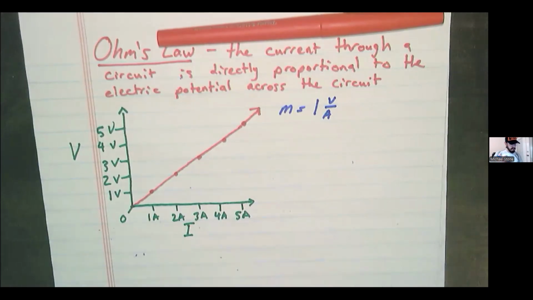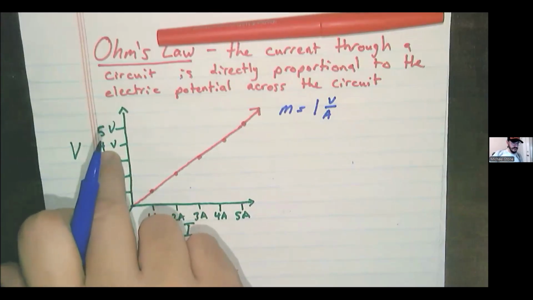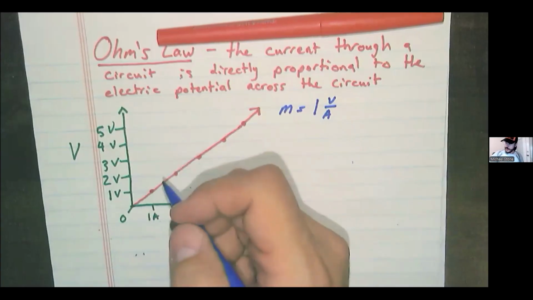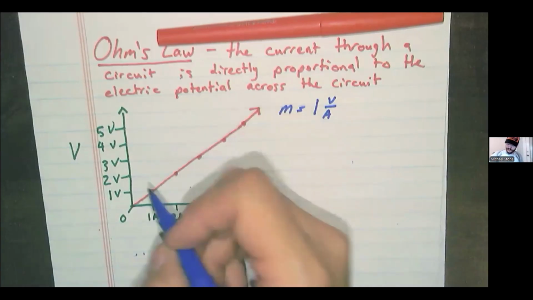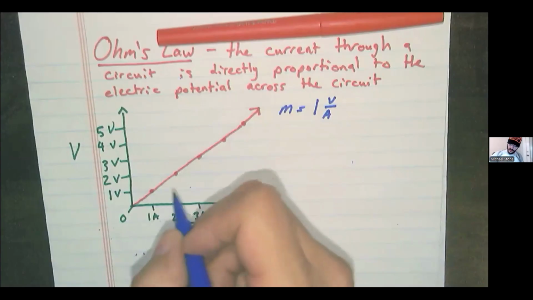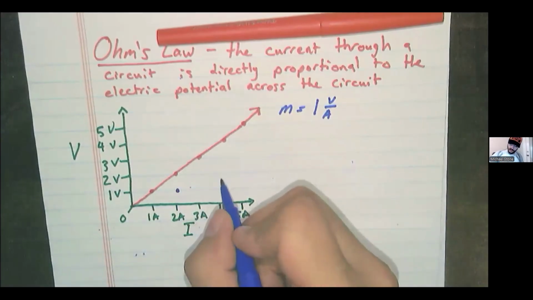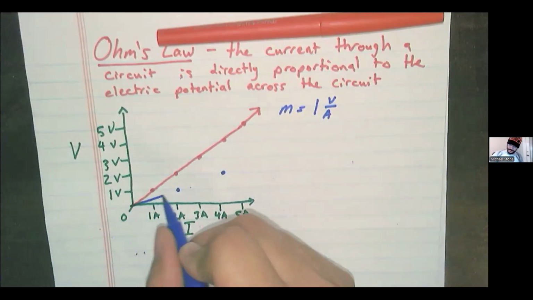But let's try a different circuit. So we take our variable voltage source and our ammeter to measure the amount of amperes. And in this circuit, we find that applying 1 volt gets us 2 amperes. 2 volts gets us 4.